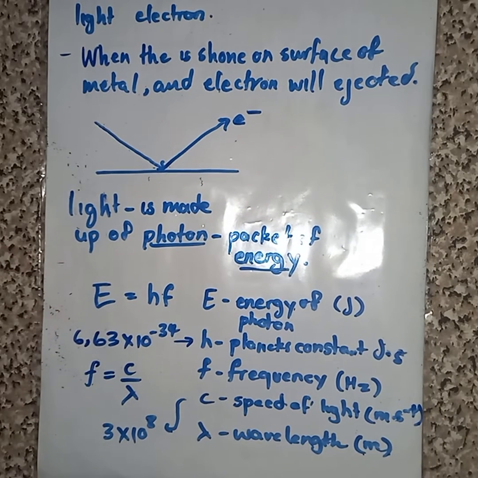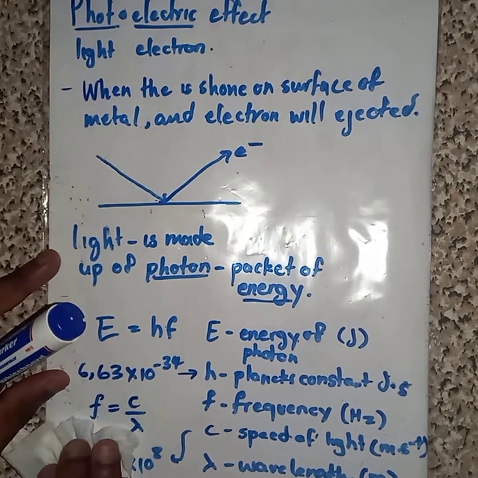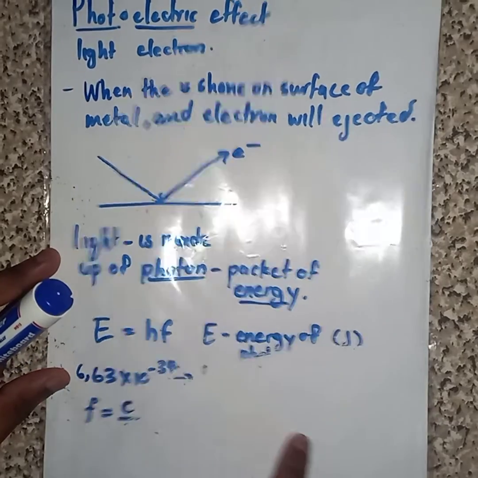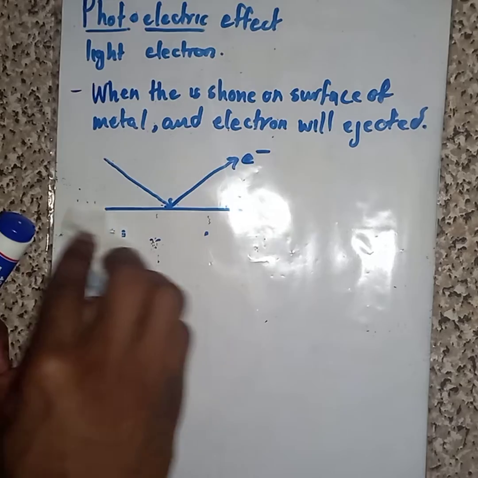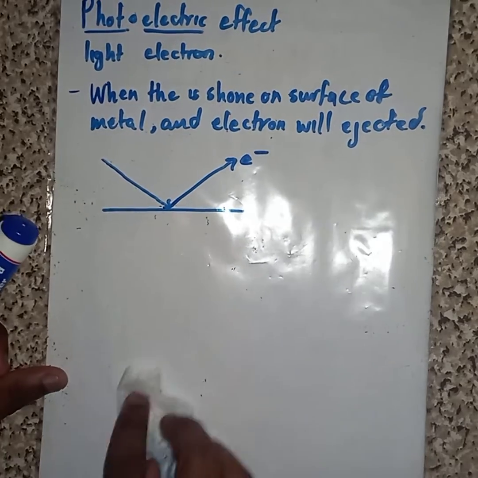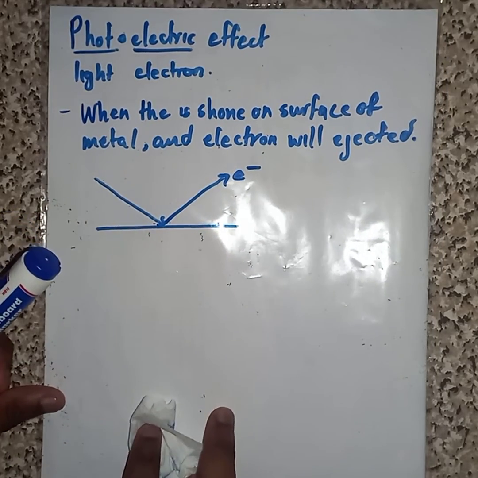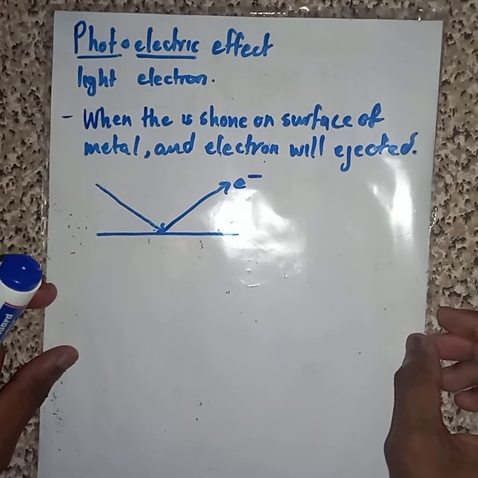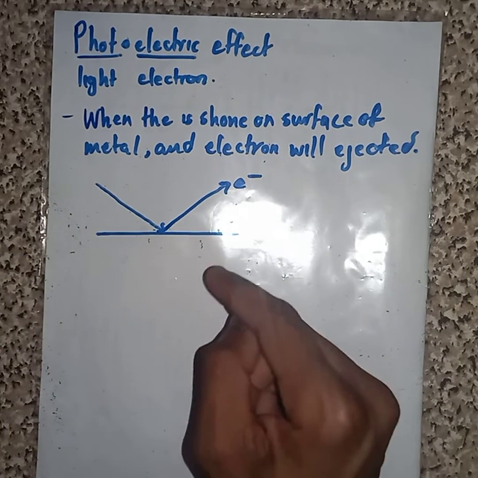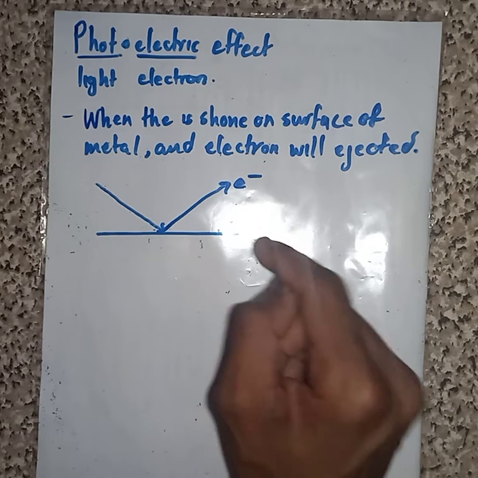Then now, let us continue. Bear in mind that we said the photoelectric effect is when the light strikes the surface and the electron is ejected.